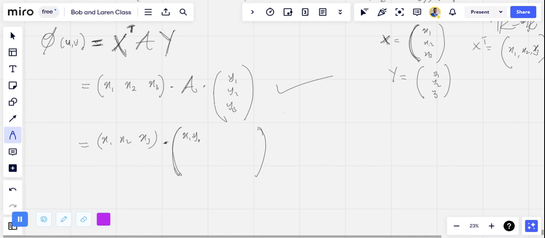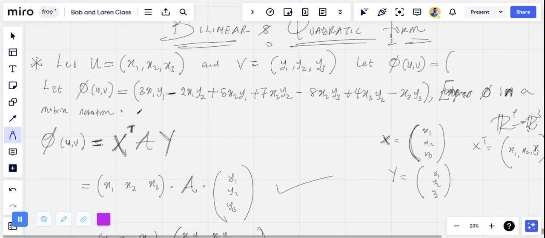This is the coefficient, please take note. This second one here will be x1, y2. And why am I using x1 up to x3? Because of what I have here.